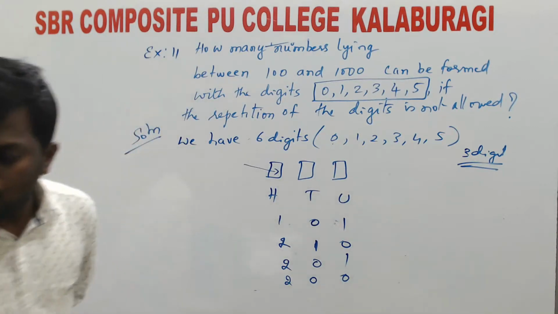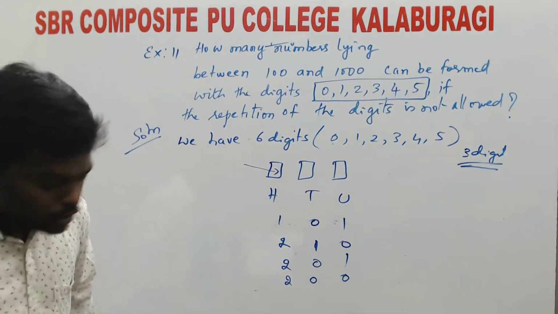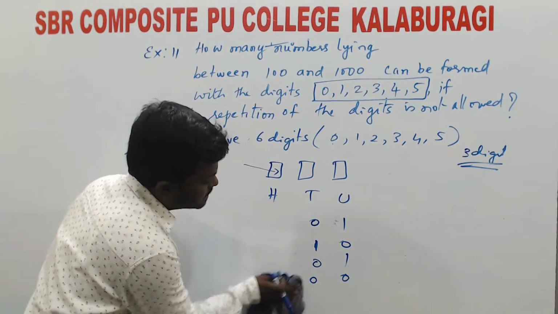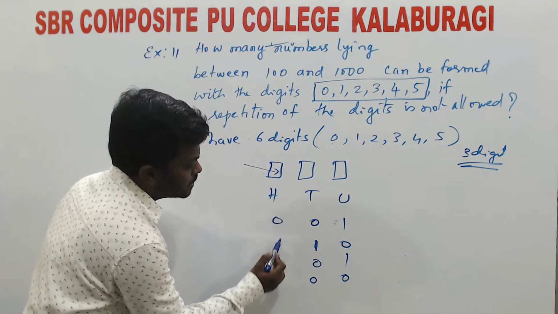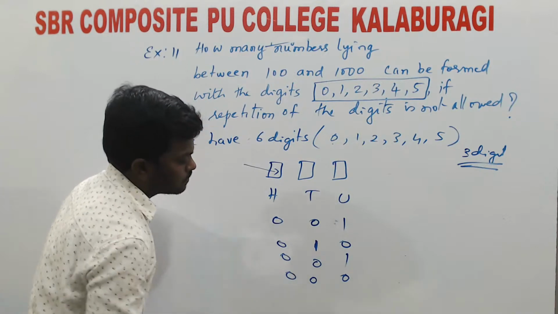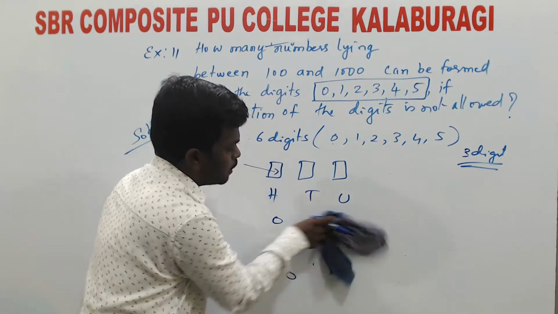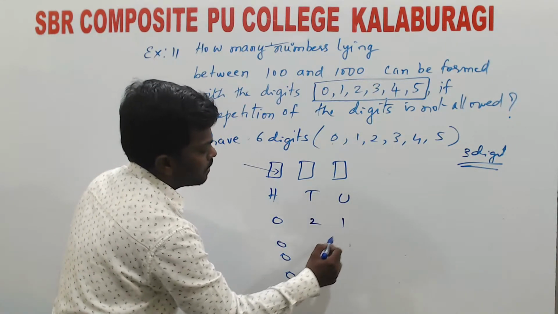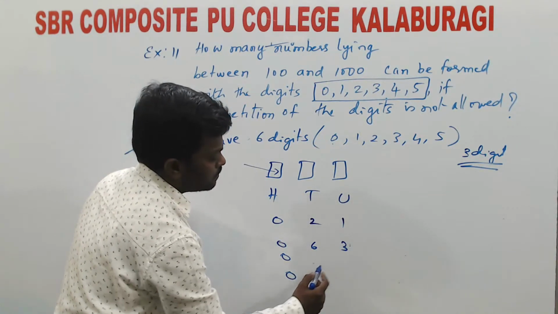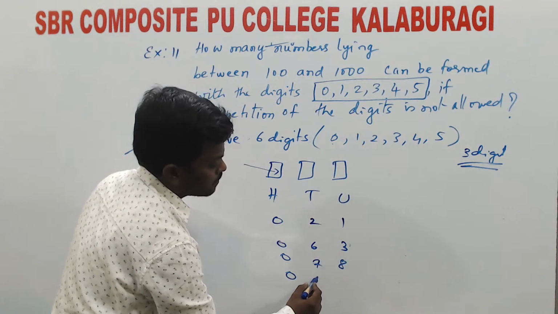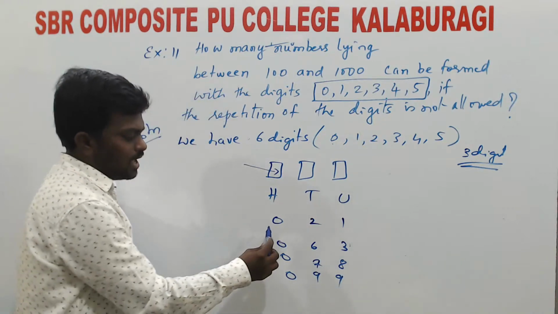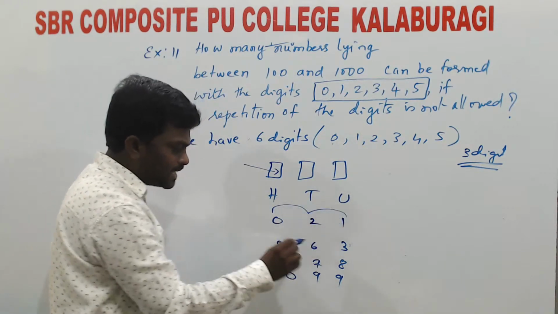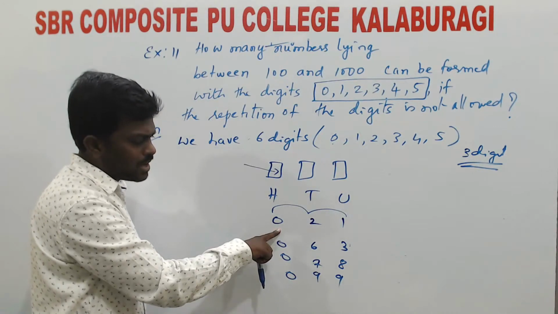But what if we fill 0 in the first place itself? Let me keep this different. There are three digits, but is it a three-digit number, students?